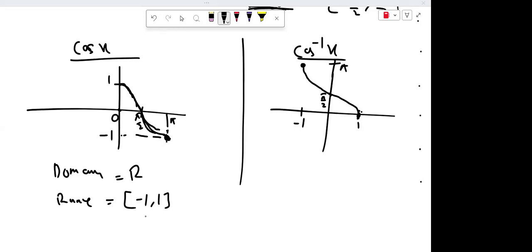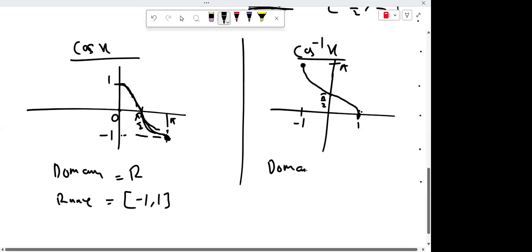They do not ask for these graphs directly, but yes, there are some uses. Here the domain becomes the range, and the range becomes the domain.